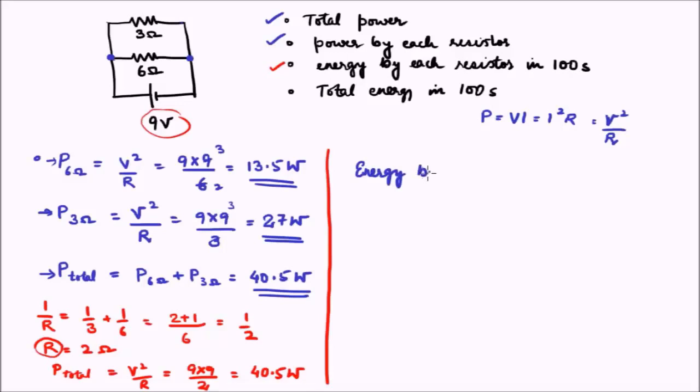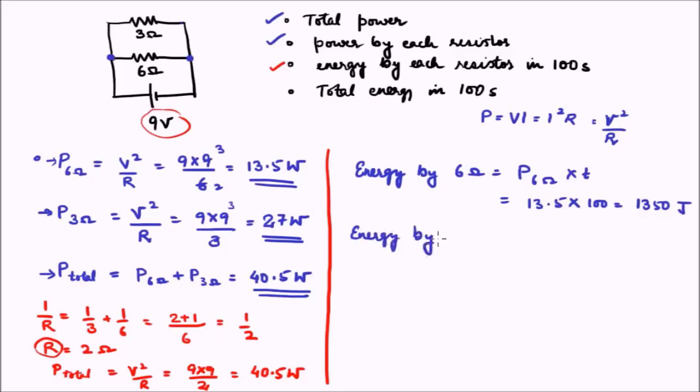Energy by 6 ohm is power for the 6 ohm multiplied by time. That gives me 13.5 times 100, which is 1350 joule.